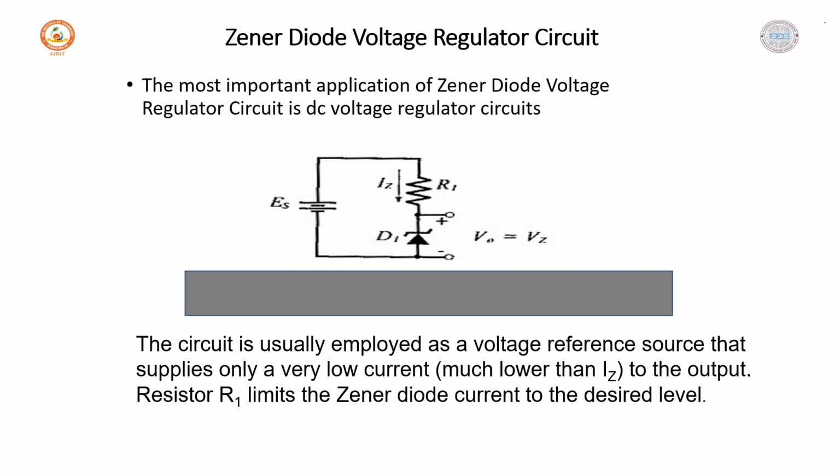In the same way, the zener diode can also be used as a loaded regulator. So how do we differentiate between a voltage regulator and a loaded regulator? When we connect a zener diode regulator which supplies a load current, the total supply current is the sum of the load current and the zener current. We take care that the minimum zener diode current is large enough to keep the diode in reverse breakdown.